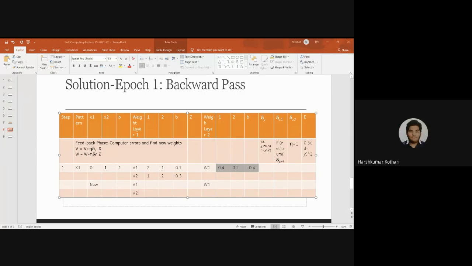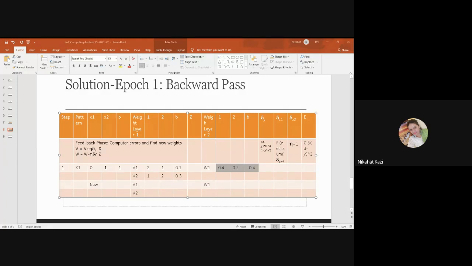Output minus 0.0181. I am getting something else. 0.5089 I am getting.